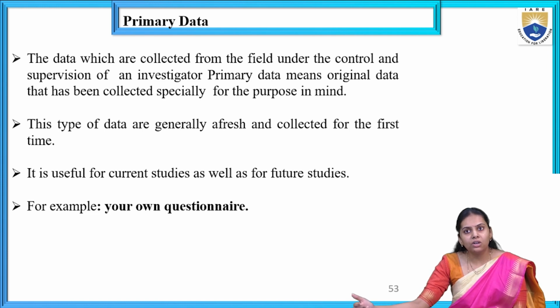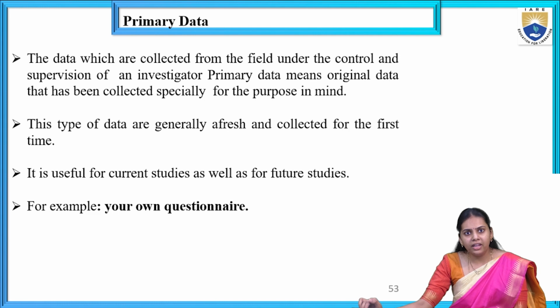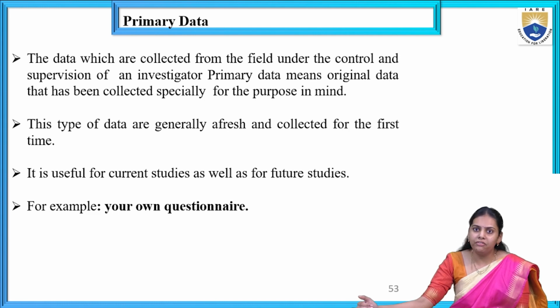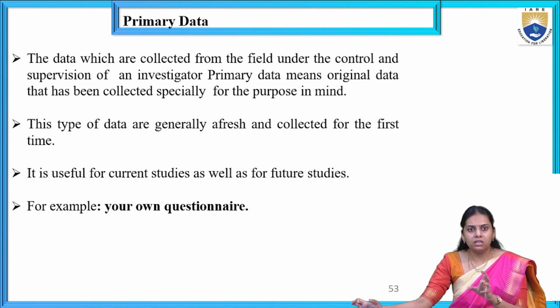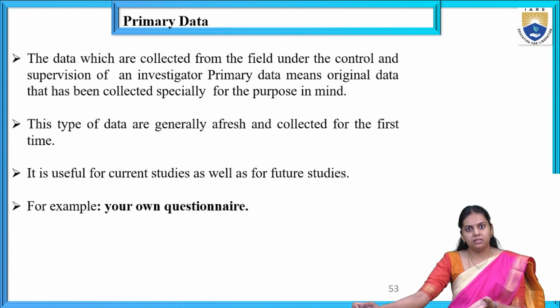Primary data means original data that has been collected specially for the purpose in mind. These types of data are generally fresh and collected for the first time, because primary is the first step. It is useful for current studies as well as for future studies.